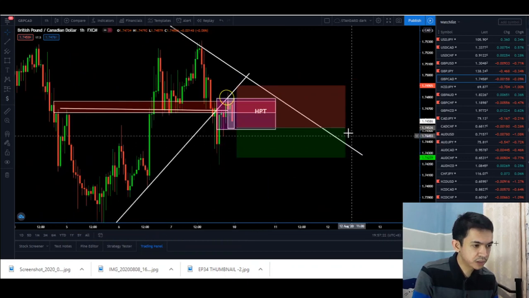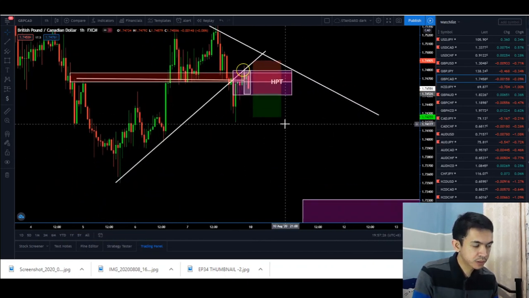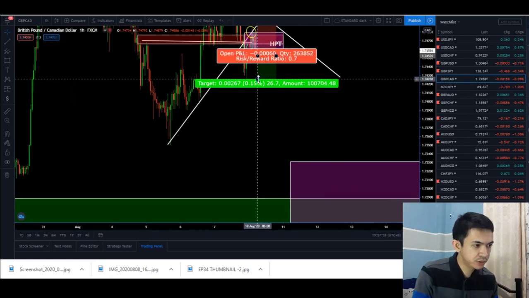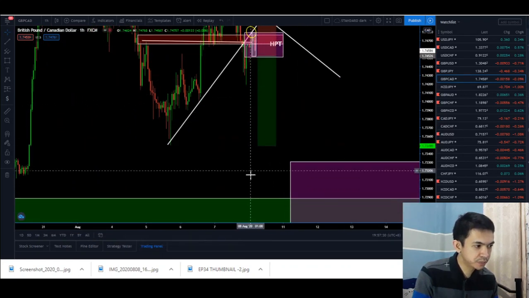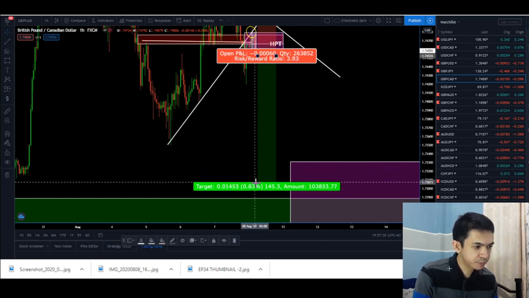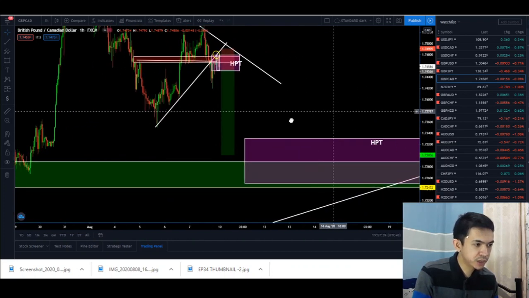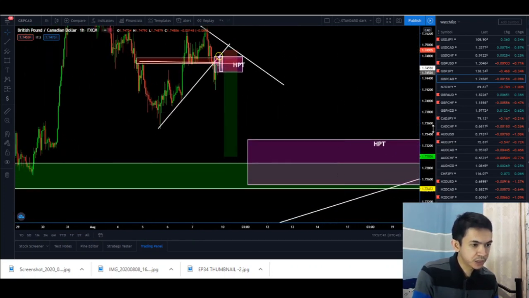And where's my take profit level? Of course, take profit level would probably be here. It's going to be my TP1, or I can set my take profit here, where my high probability trade zone for a long is located.